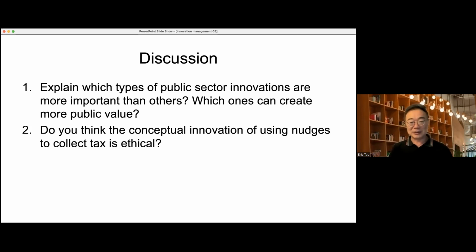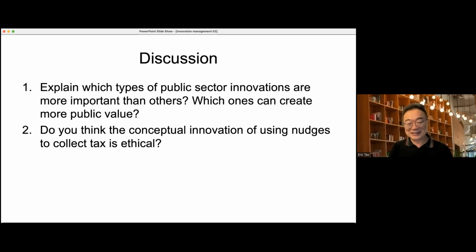The second question is that I mentioned you can use the psychological approach to send mail or email to taxpayers to encourage them to pay tax on time, and of course the right amount of money based on the person's psychology.